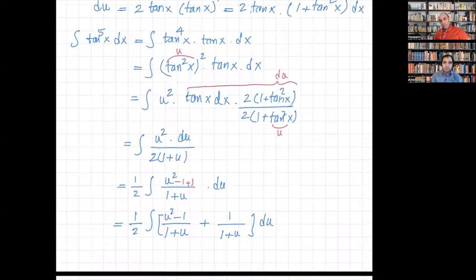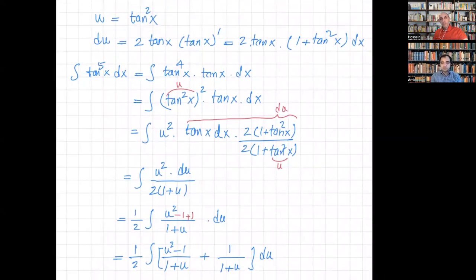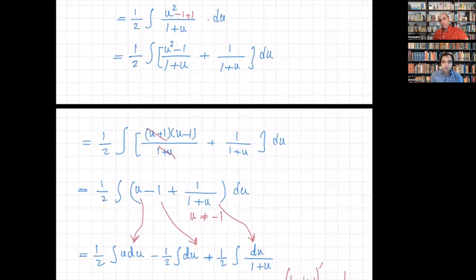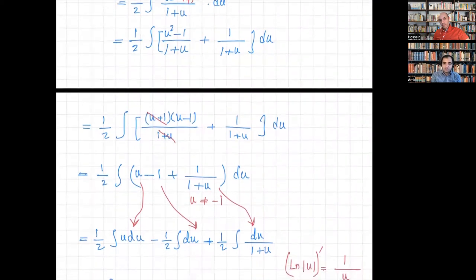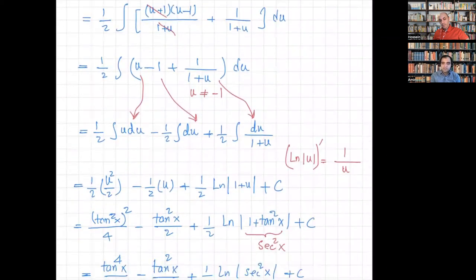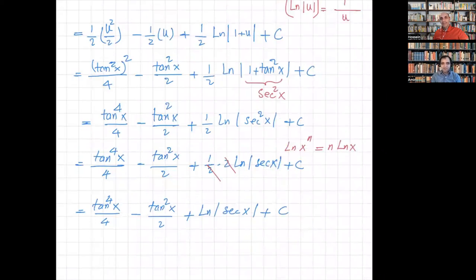You used u, knowing that u is equal to tangent squared of x, it's always positive, so it cannot be, for example, -1. That's why you canceled out u minus 1 times u plus 1 on the following page. And then you just followed simple integration techniques and solved the problem. Thank you very much.